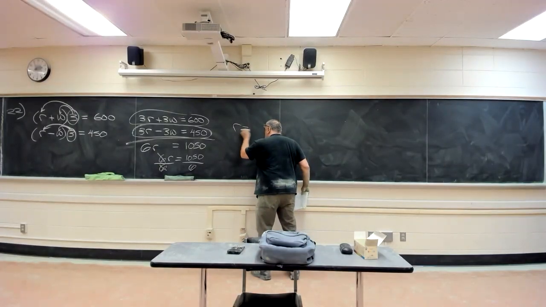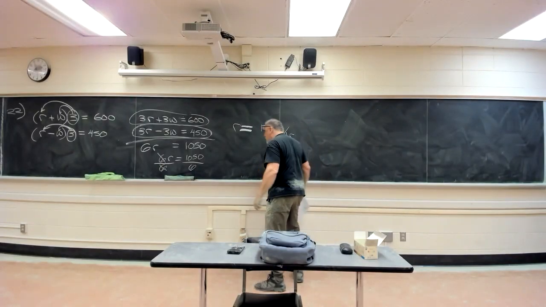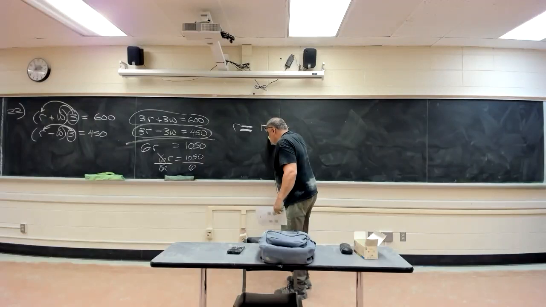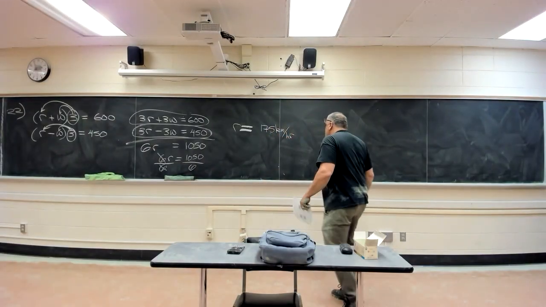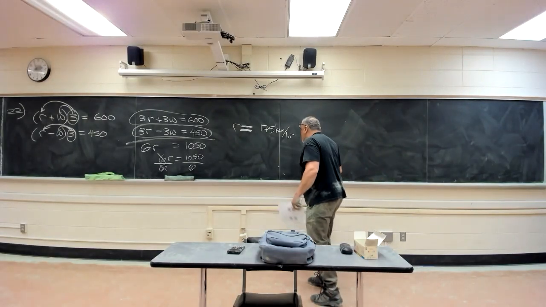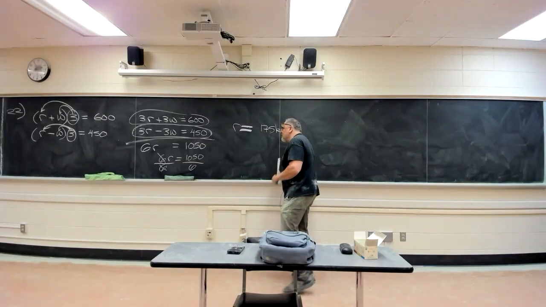Let's see if that's actually true. 6r equals 1050. 6 times 175. Let's see here. That would be 450. Yeah, sure comes out okay. That's r. r is 175.